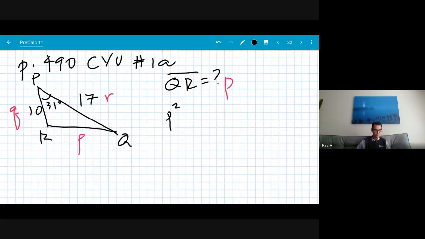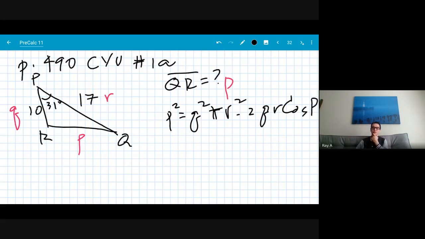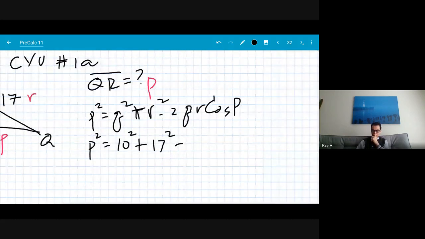It's going to be P squared equals Q squared plus R squared minus 2QR cosine P. That P is an angle. Let's plug in the values if you're getting confused with what I just wrote. P squared equals 10 squared plus 17 squared minus 2 times, what is Q? 10.